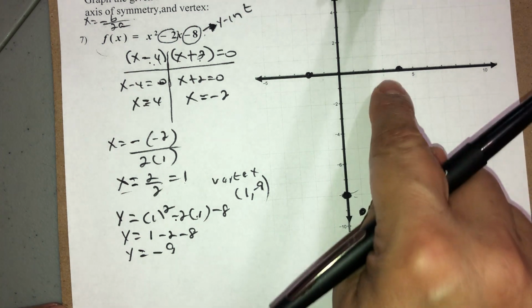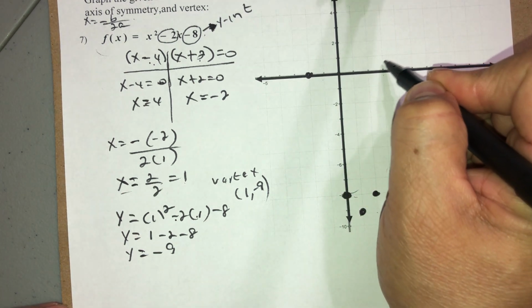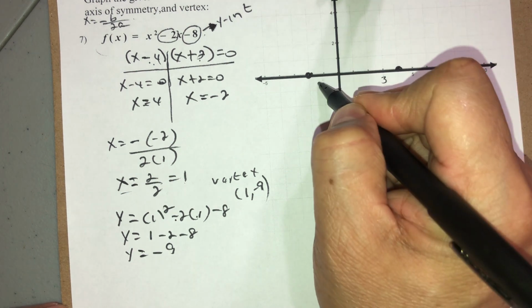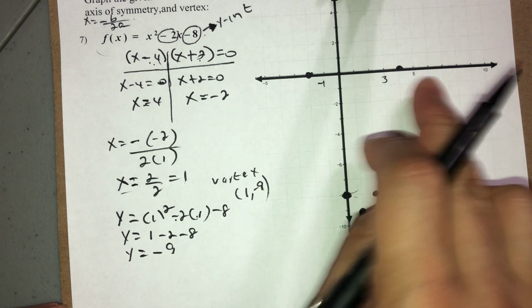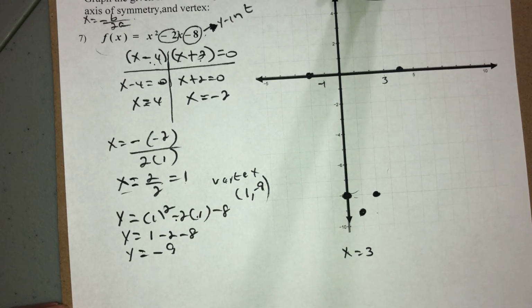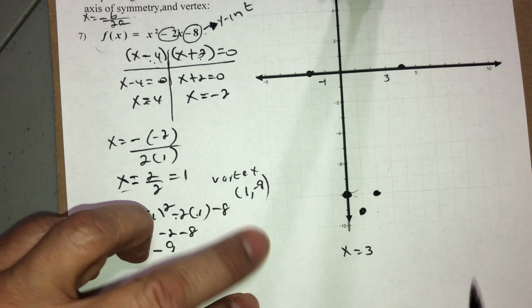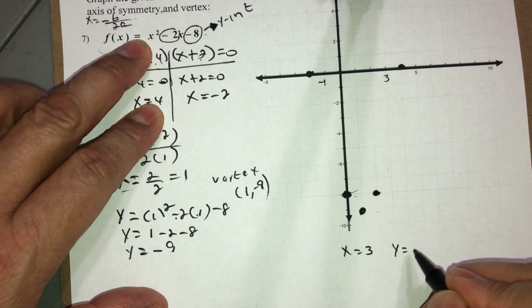So let's use 3. Remember, the x here is 3, and this is negative 1. I need the other pair right there. You can use either one. I'm going to use 3. So x equals 3. I substitute into the equation. y equals 3 squared.